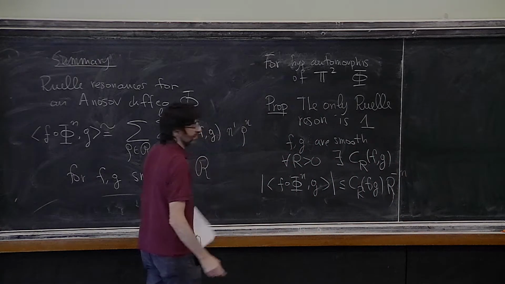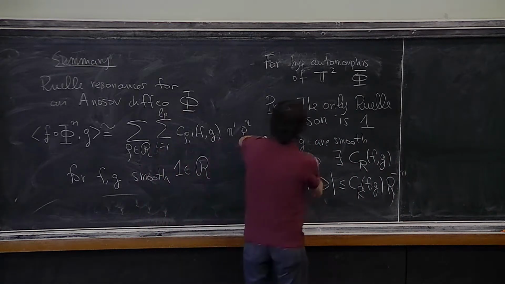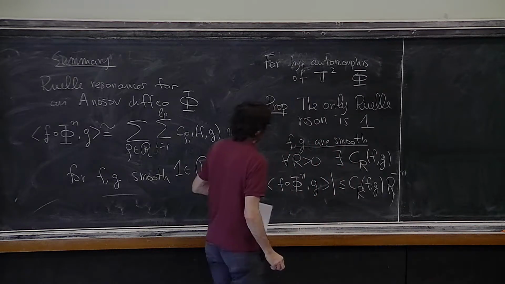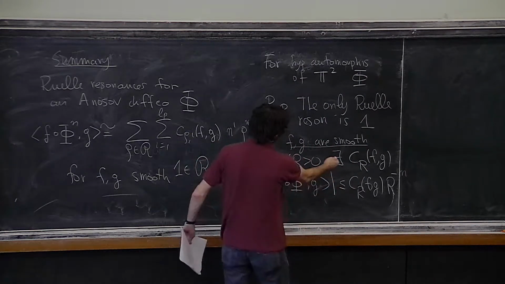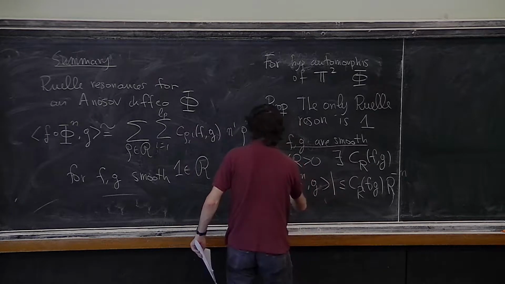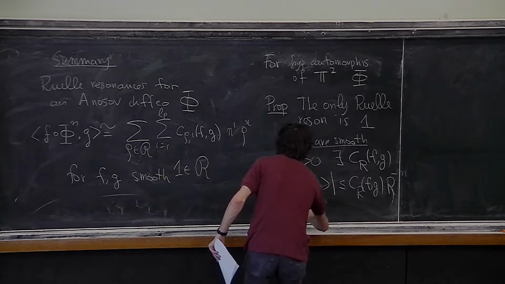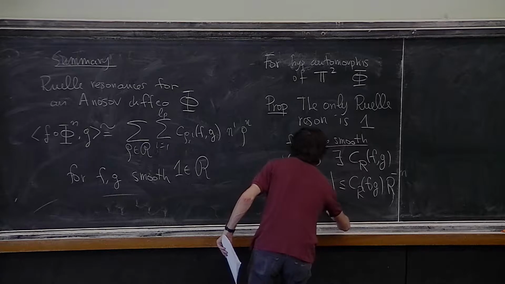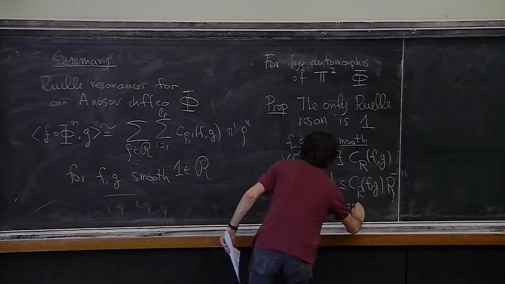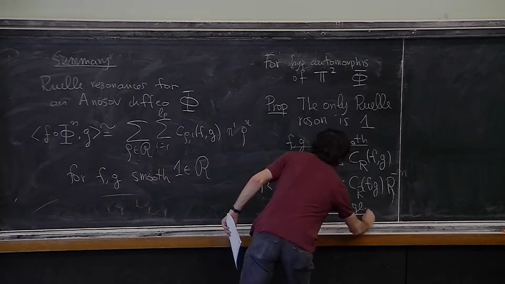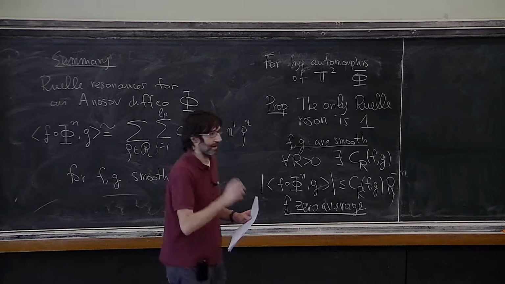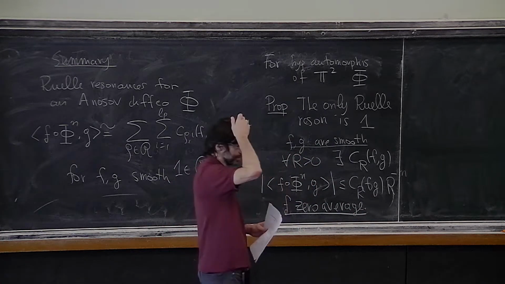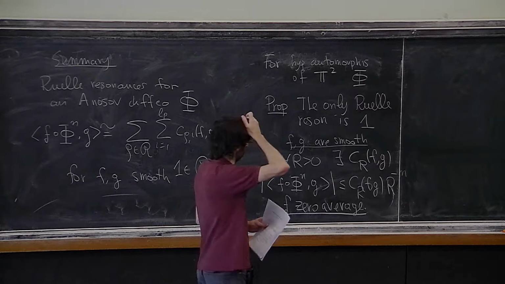So r can be arbitrarily large. Of course there is the 1, and to get rid of the 1 I will always take f of zero average. It simplifies the formula. So this is more or less what we had, right?